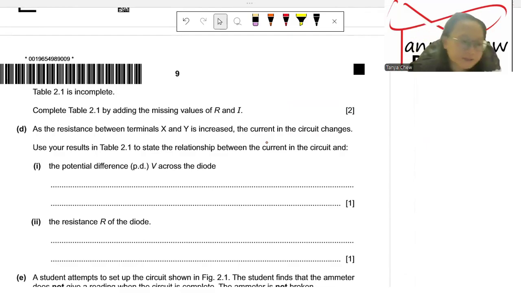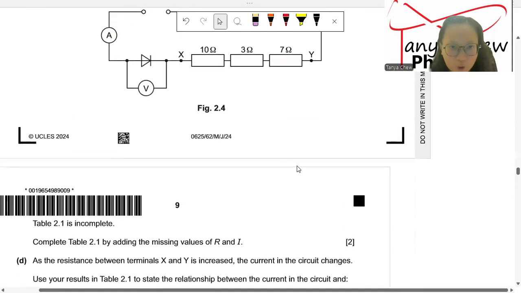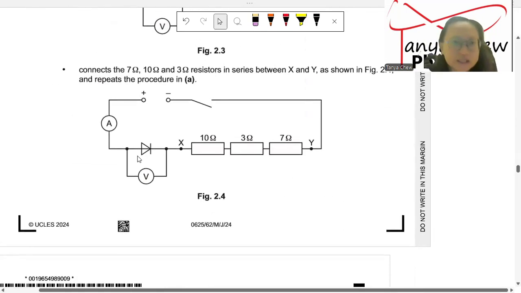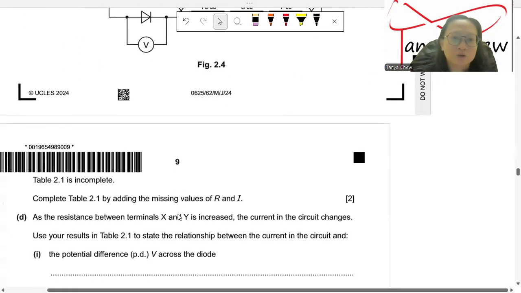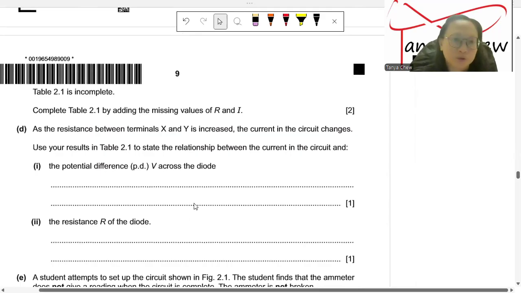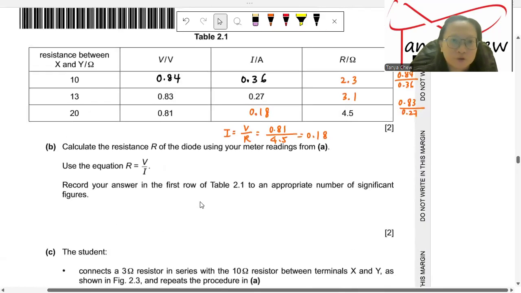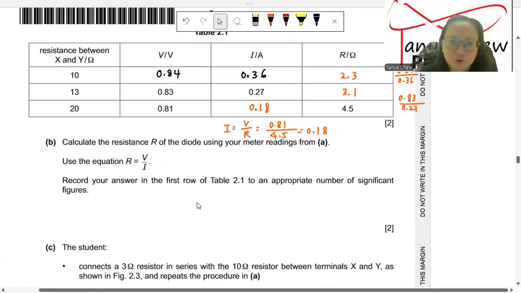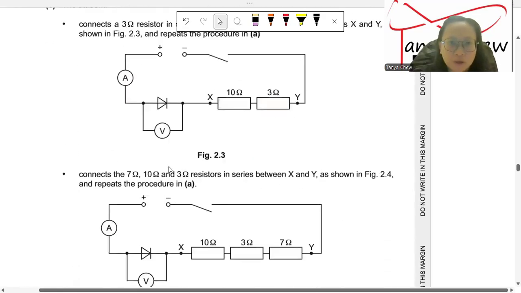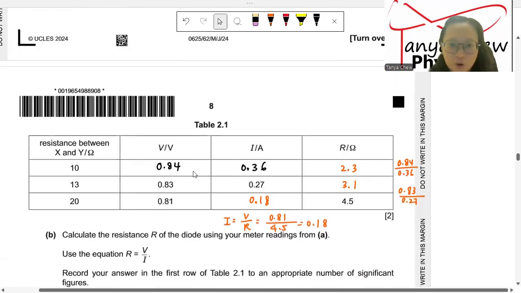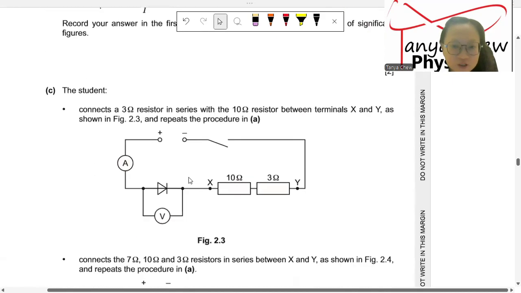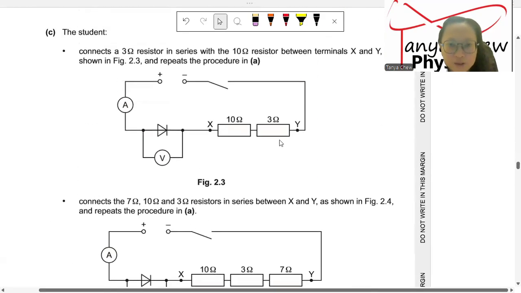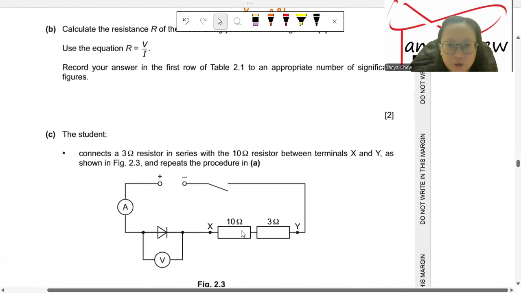When the current is decreasing, what happens to the potential difference across the diode? So this is the diode. When the current is decreasing, the potential difference across the diode will also decrease. You can see that from the potential difference across the resistor.